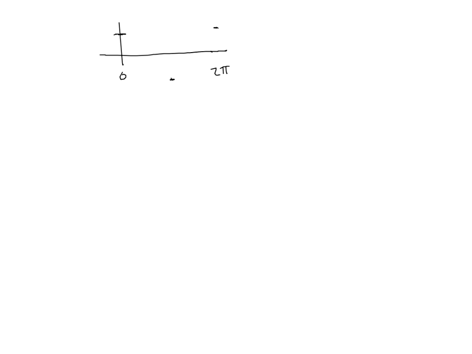This one is your n equals 1, and then your n equals 2 is going to be twice the frequency. So it's going to go from here to here, so it's going to go like this. I think it goes like this, right?